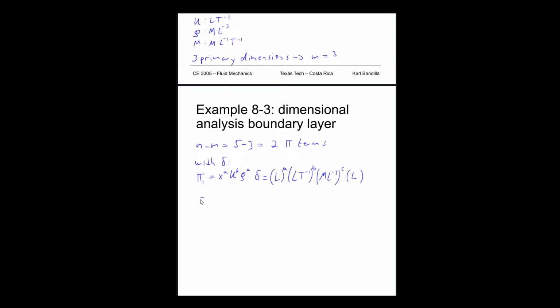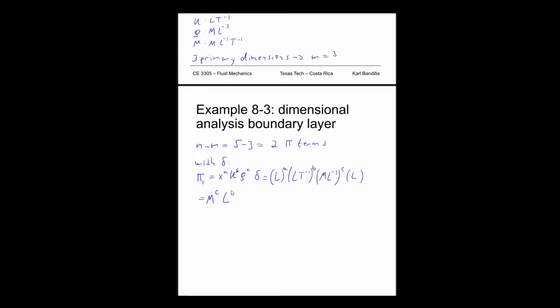If we write that down, then what do we get? Let's stay with the order of MLT, so we'll start with M. How many times does M show up? Only here, with an exponent of 1, so M is raised to c.